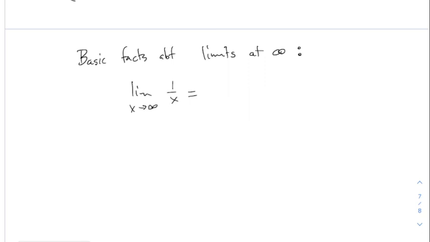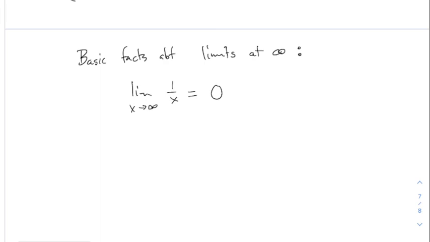I think everybody knows this. You have to imagine, if I have a fraction like 1 over x, but the denominator is becoming super, super infinitely big, what is the limit going to be? Yeah? 0, yes. If you can imagine a fraction where the denominator is increasing forever, the value of that fraction gets smaller and smaller, and when you actually do the limit, you get 0, all right?